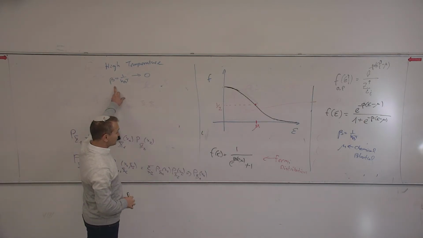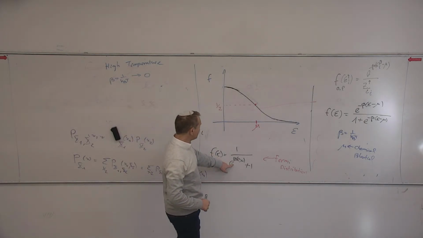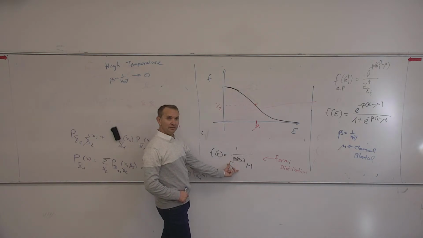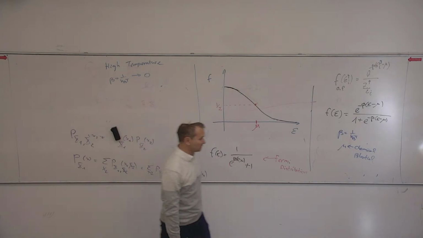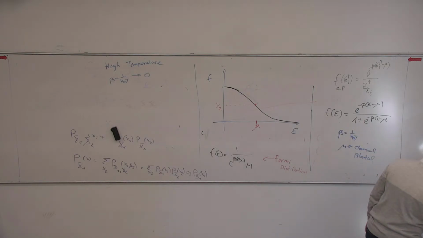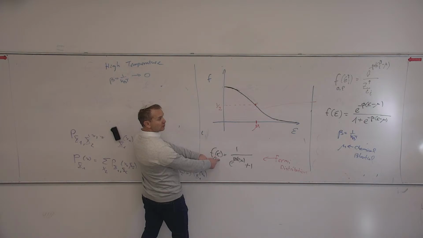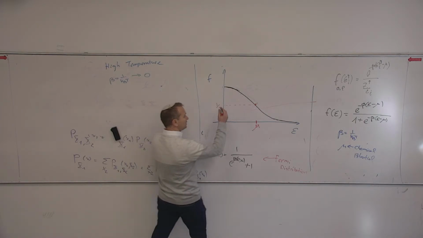So when beta goes to 0, e to the power 0 multiplied by something, which I don't really care what it is, is just 1. So for high enough temperatures, the occupation probability is almost independent of epsilon.